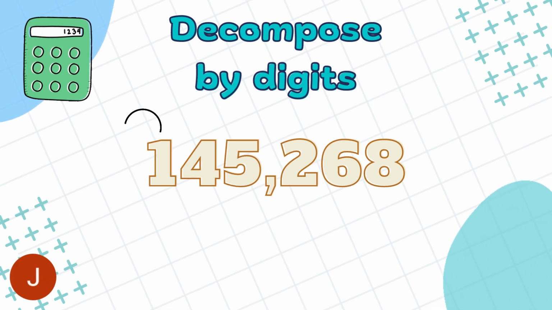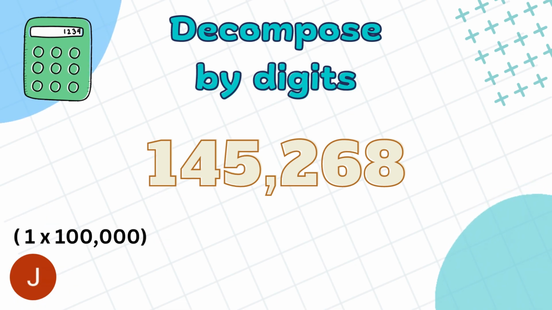Where is its place? Let me start the count. I always start at the ones. I have the ones, tens, hundreds, thousands, 10,000s, and 100,000s. So the 1 here is in the 100,000s place.